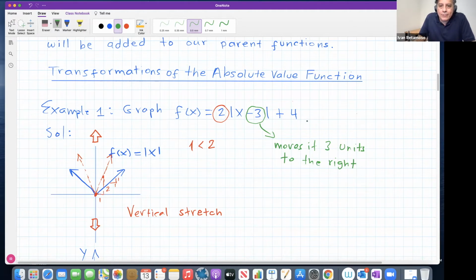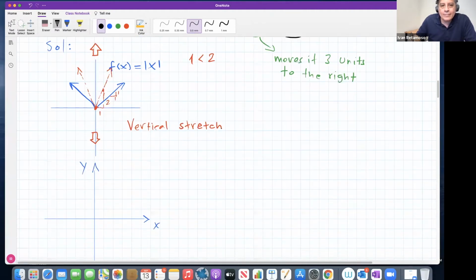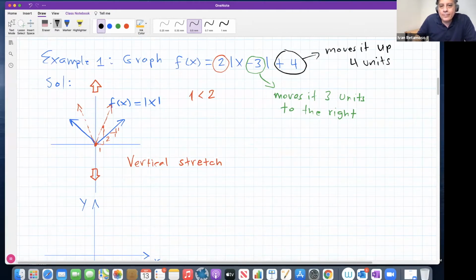And finally, this +4 is what we call a vertical shift. A vertical shift moves it up, intuitive, right? 4 units. So there are 3 things we have to do. The vertical stretch, we just did it here. After that, we have to do a horizontal shift, 3 units to the right, and a vertical shift, 4 units up.